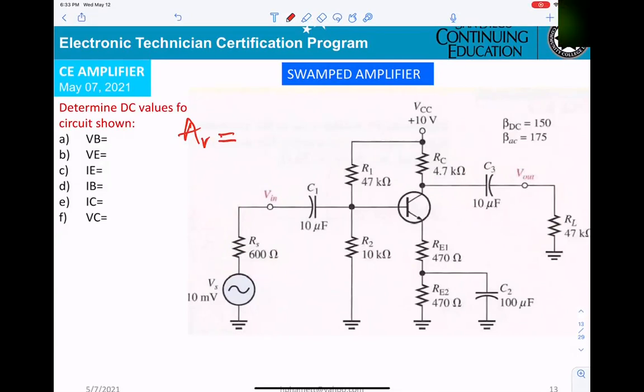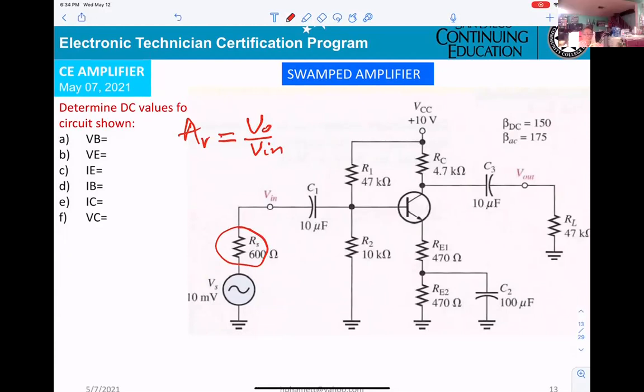V out over V in. AV equals V out over V in.